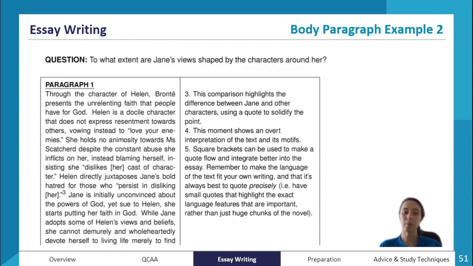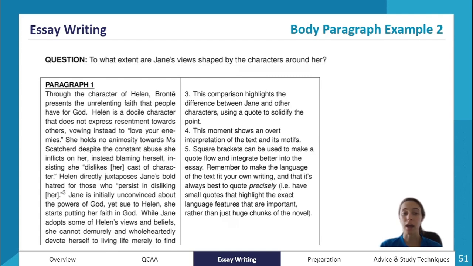A second example, and this goes back to the first idea we looked at earlier, with to what extent are Jane's views shaped by the characters around her. So, through the character of Helen, Bronte presents the unrelenting faith that people have for God.